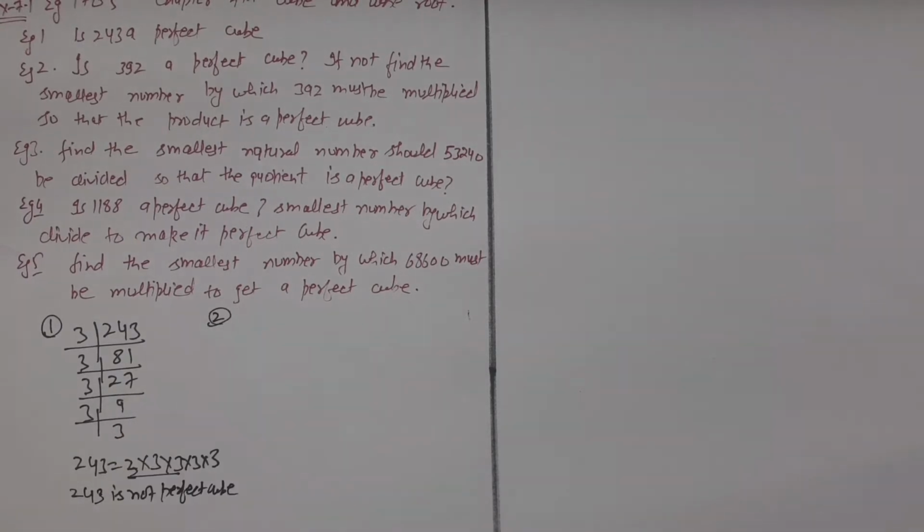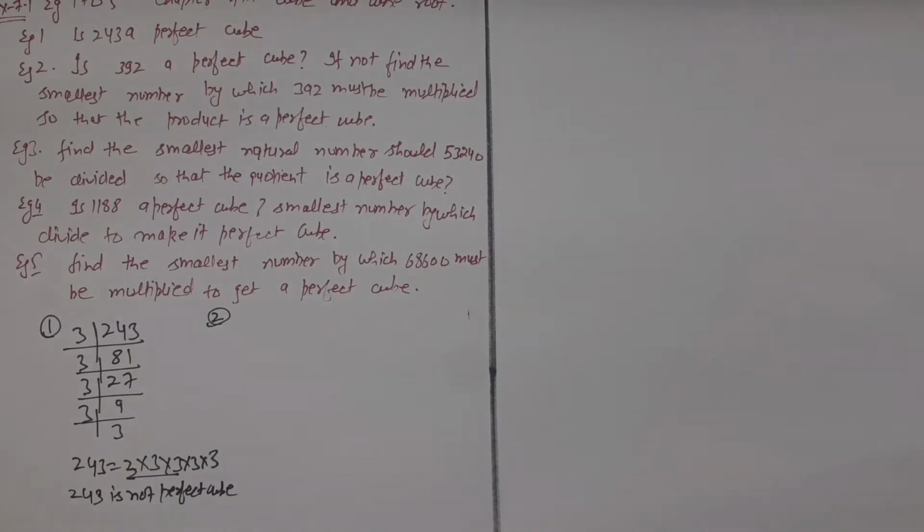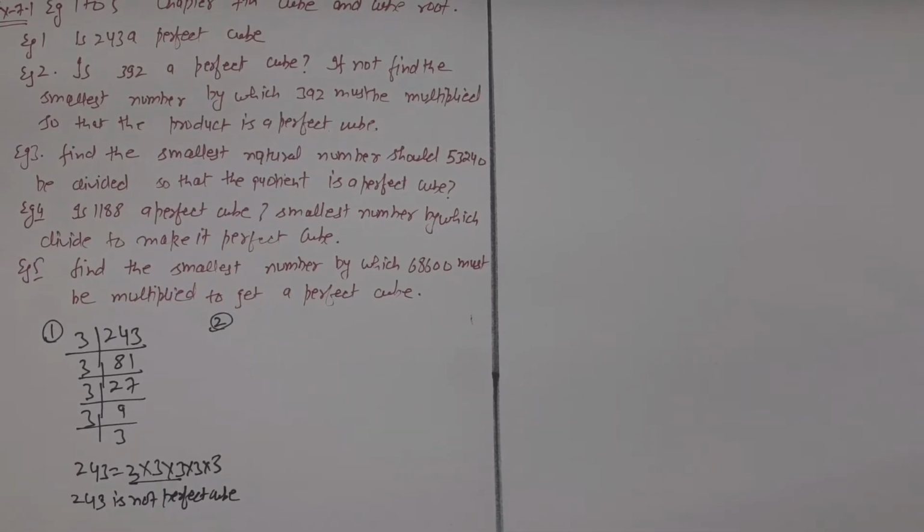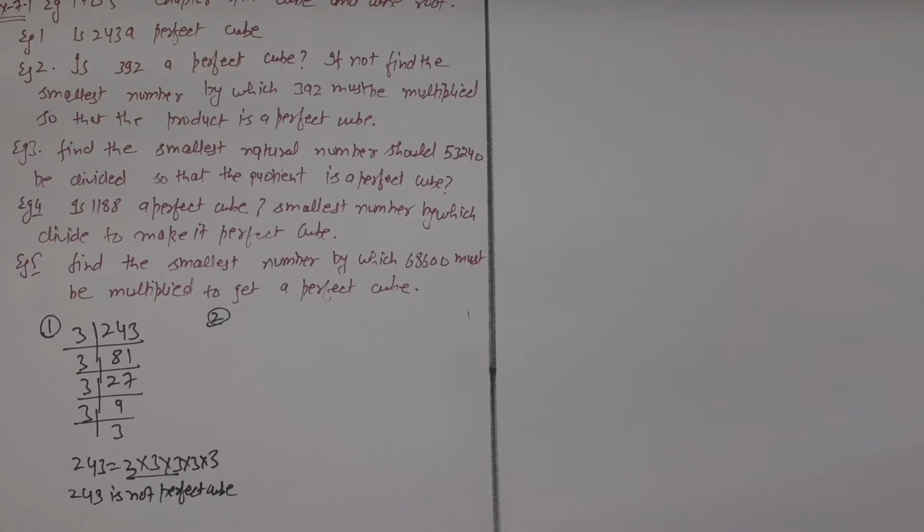Next, question number 2. Is 392 a perfect cube? If not, find the smallest number by which 392 must be multiplied so that the product is a perfect cube.